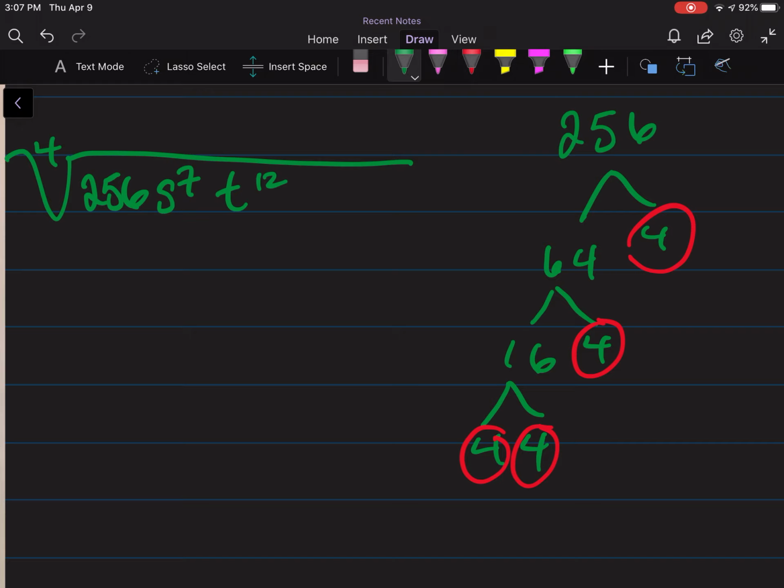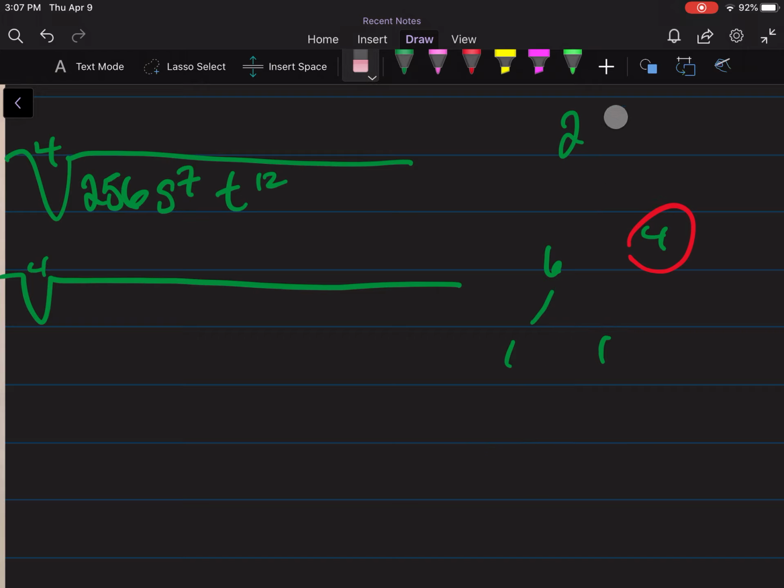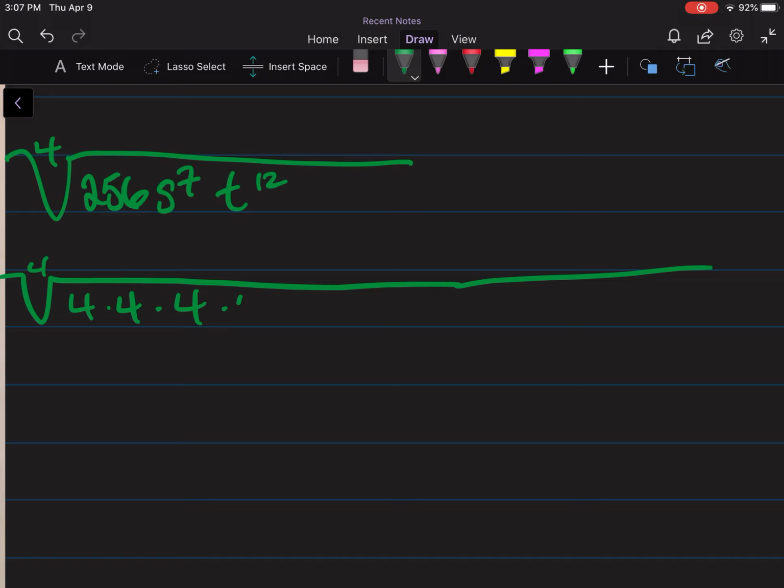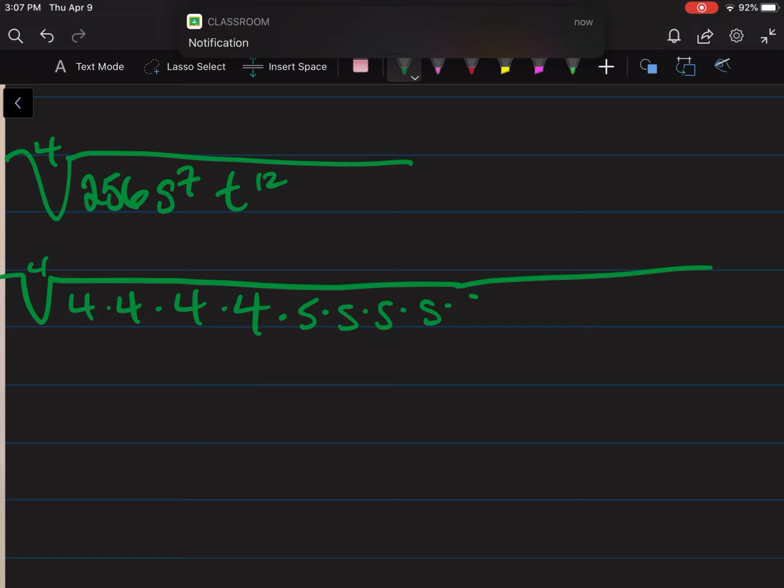Let's draw our house. We have 1, 2, 3, 4s. I'm going to erase this here. Remember, there were 4 4s to go back in the house. So we have 1, 2, 3, 4. We have 7 S's. 1, 2, 3, 4, 5, 6, 7.